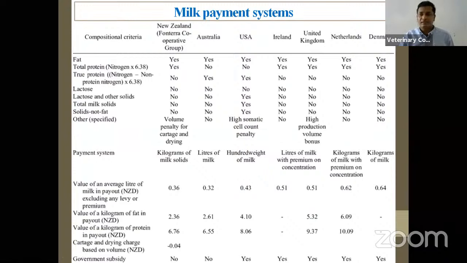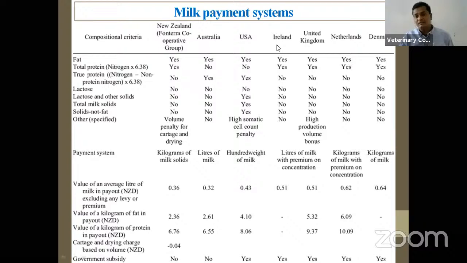Let us come to the next discussion. How do the different countries make a payment to the farmers? What is the yardstick? We'll study one by one. So a majority of the countries, a bunch of countries have been given over here, including India, make the payment based on the fat content of the milk.